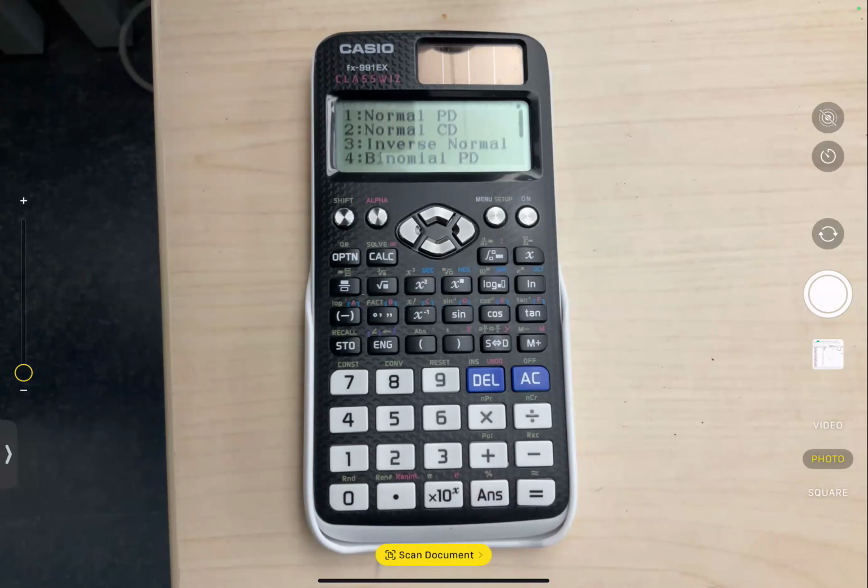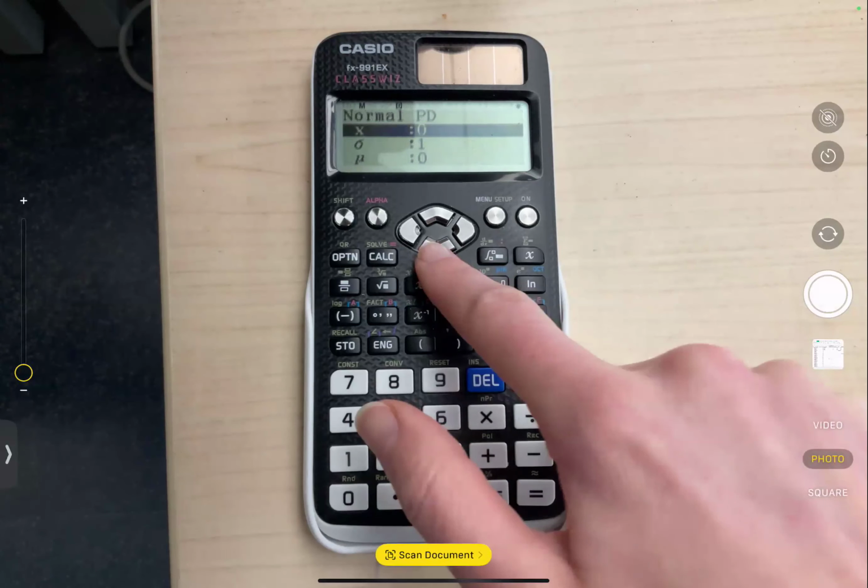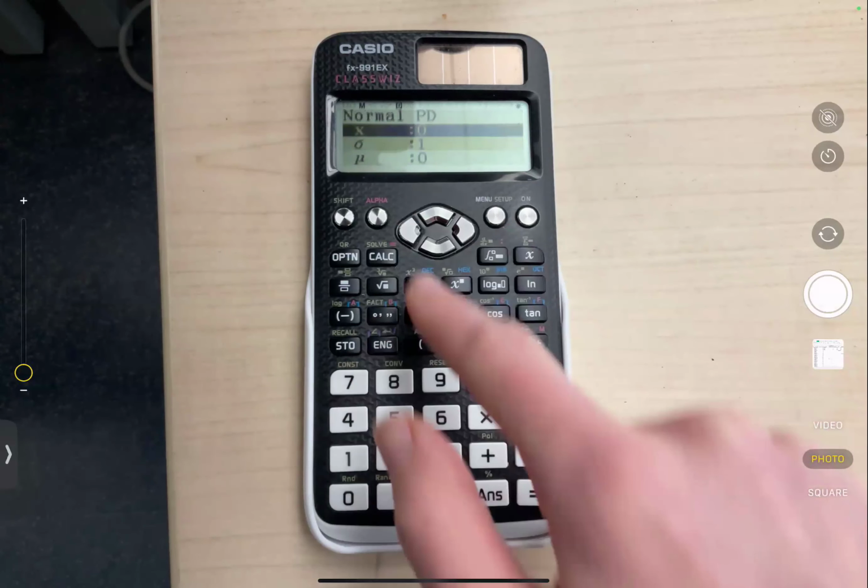And so these are all worth exploring. And so I'll just click on one. These are all the components that we were just talking about, isn't it? And so it needs an X, it needs a sigma, and it needs a mu, and I think doesn't need anything else.